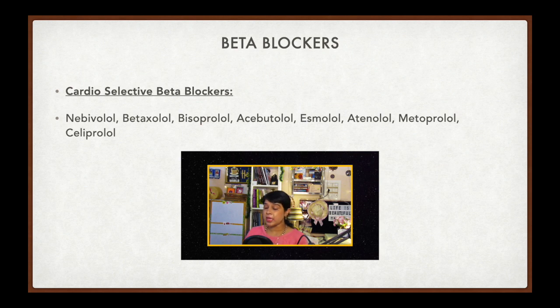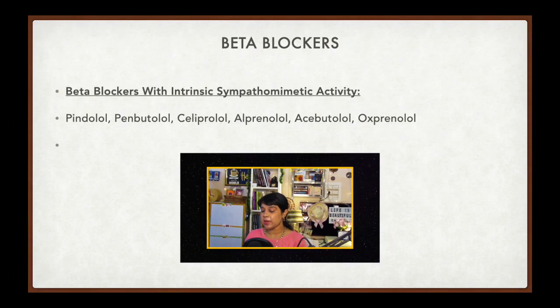Now we have another topic, the beta blockers with intrinsic sympathomimetic activity, that is ISA. Let's get to know these drugs. These are partial agonists at beta-1 receptors, and they also have beta blocking properties. They are preferred in patients who can develop very severe bradycardia with beta blocker therapy.